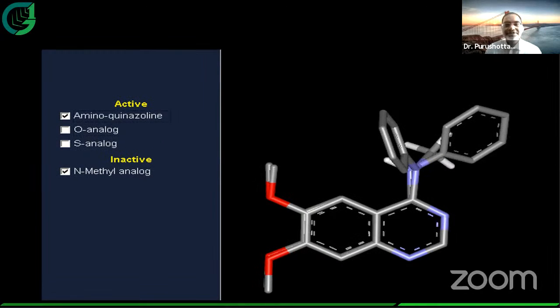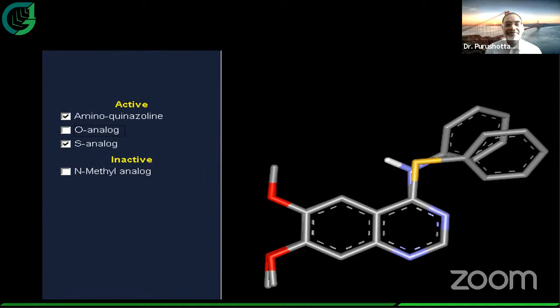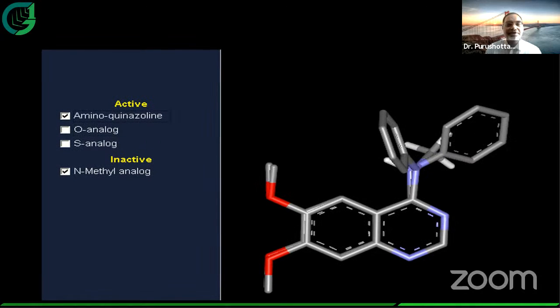See what is happening with this one. With the introduction of a methyl onto nitrogen, the position of the phenyl ring is totally flipping. That is why the geometry of this molecule is totally different from the aminoquinazoline, O analog and S analog.